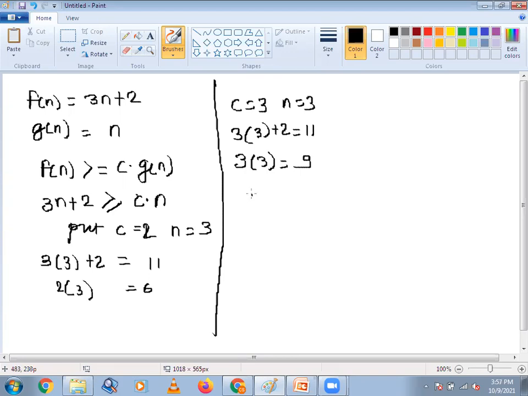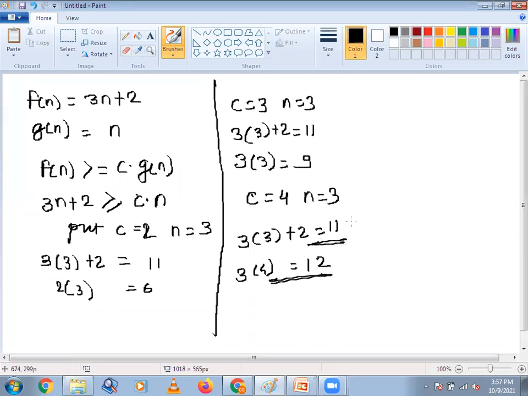Then c is equal to 4 and n is equal to 3, then we get 3 into 3 plus 2 is equal to 11, and 3 into 4 gives 12. There is a mismatch. So we draw the graph with the help of these values.